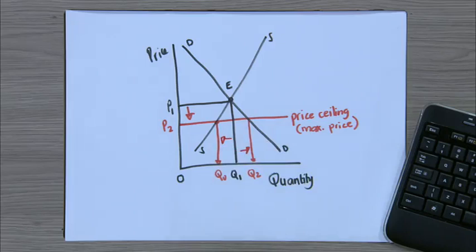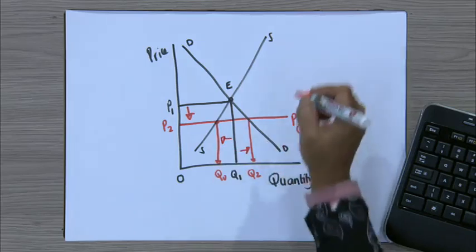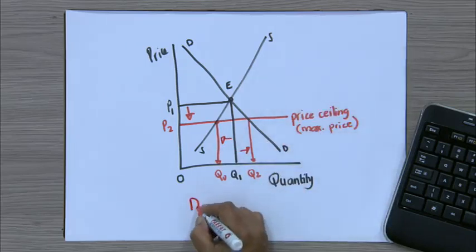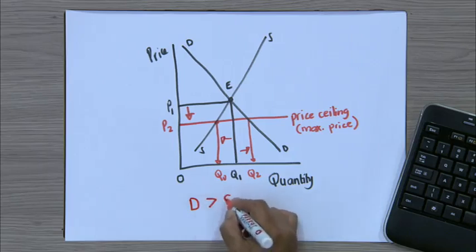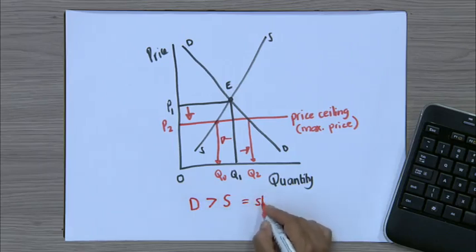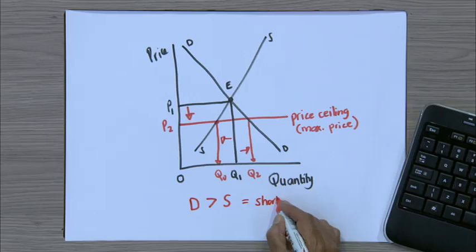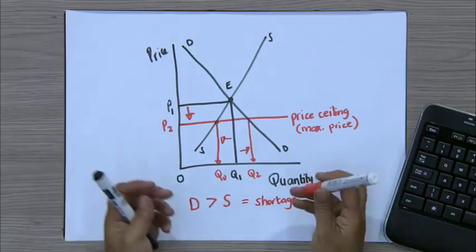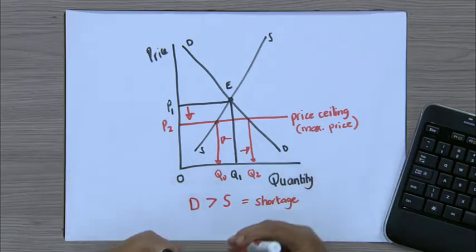And so what do we have now? The situation you're sitting with here is that demand is greater than supply. So because your demand is greater than supply, that's going to leave you with a shortage on the market, meaning there's going to be less available than what is being demanded.